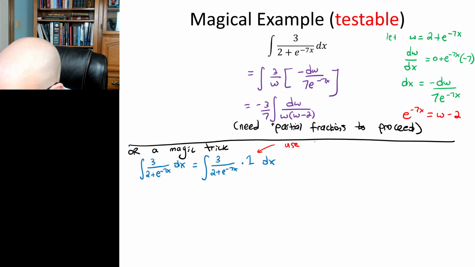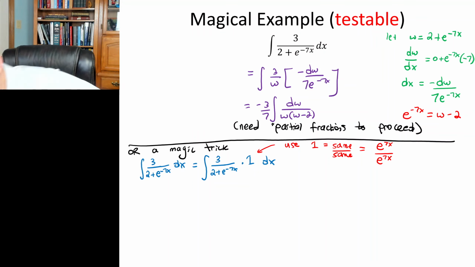Use 1 is equal to same over same, as long as it's the same thing top and bottom. So I'm going to use e to the positive 7x over e to the positive 7x for reasons.